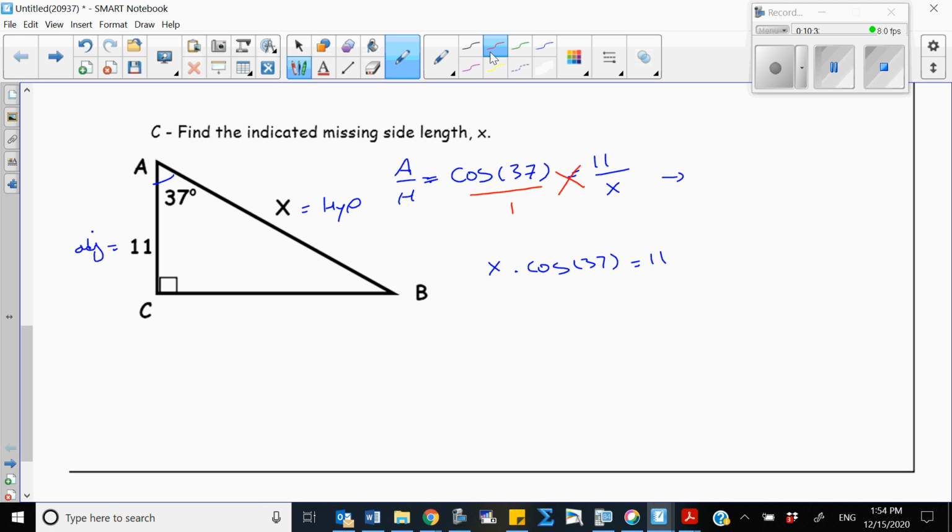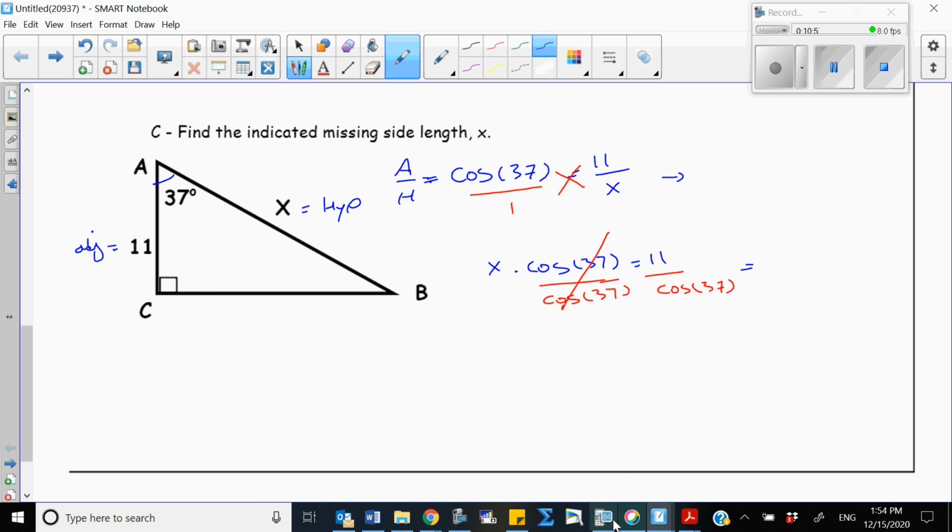Okay, now how do I find x? I'm going to divide both sides by cosine of 37. I'm dividing by the whole thing, cosine of 37, because cosine of 37 is going to be a number. If I use my calculator, it's going to be a number. So I cancel these two.